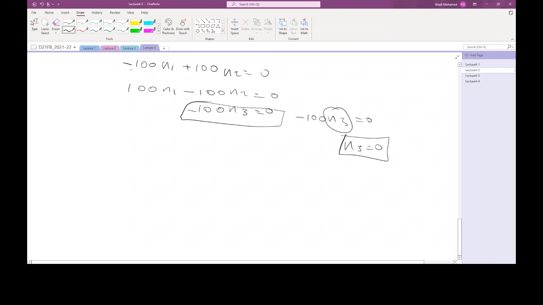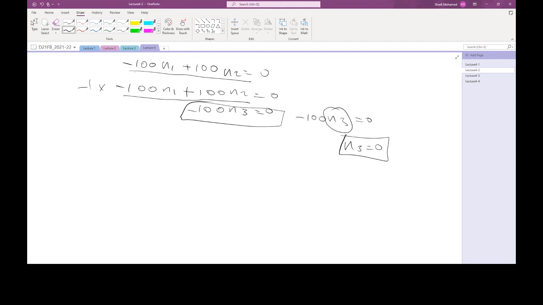If you look into this equation, it is exactly the same, just multiplied by minus 1. Multiply this equation by minus 1, this will switch to negative, this will switch to positive, and you have the same equation. So if you try to solve 2 simultaneous equations, you will get nowhere. You will always get 0 is equal to 0, because you are repeating the same thing.